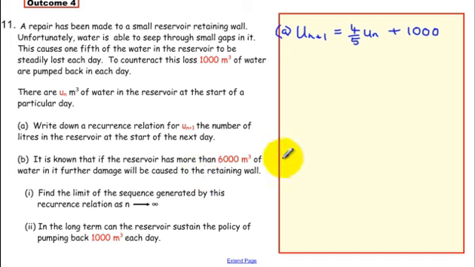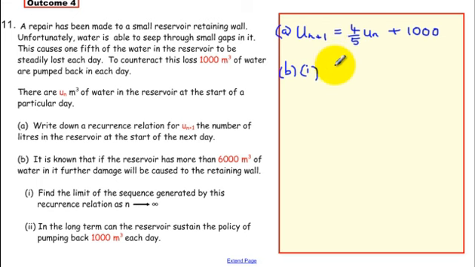For part B, it says it is known that if the reservoir has more than 6,000 metre cubes of water, further damage will be caused to the retaining wall. And we're then asked to find the limit of this sequence as n tends to infinity.